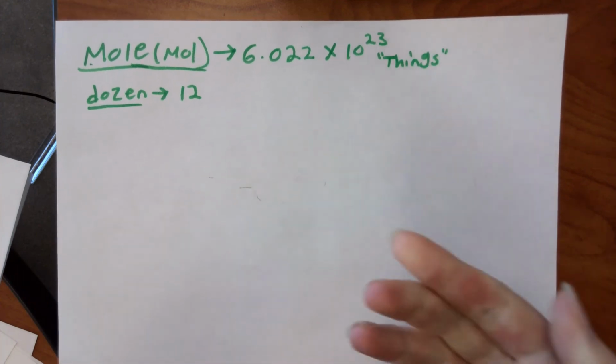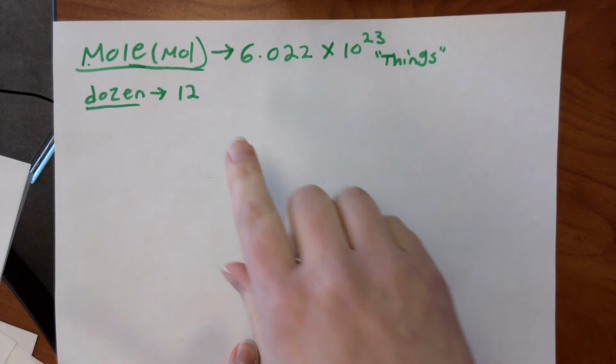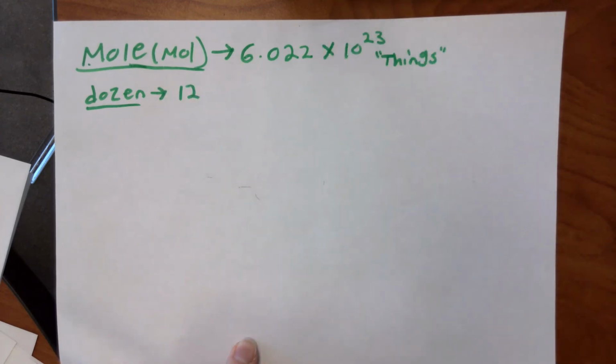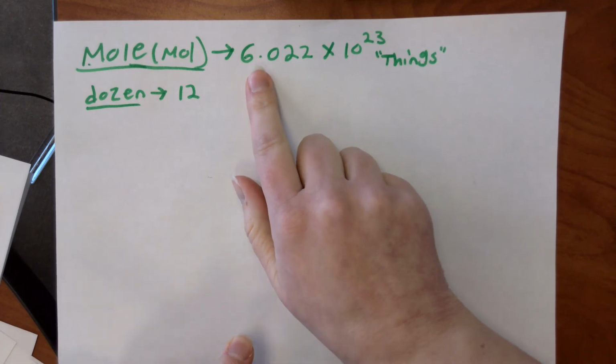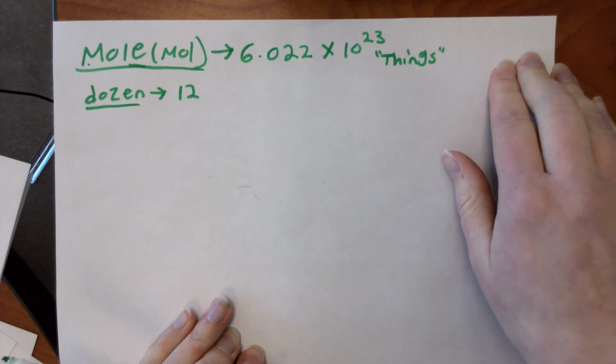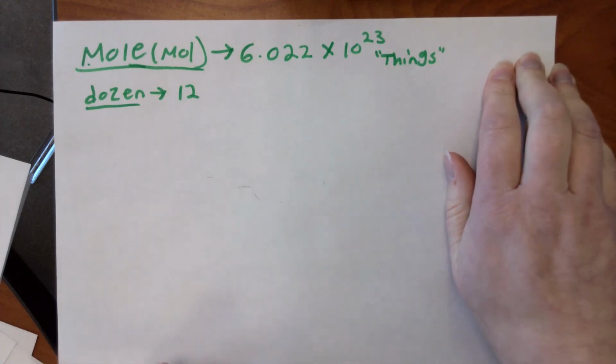Okay, when we're talking about chemistry, when we say I have a mole of, say, oxygen, it means I have this number of oxygen molecules, okay?